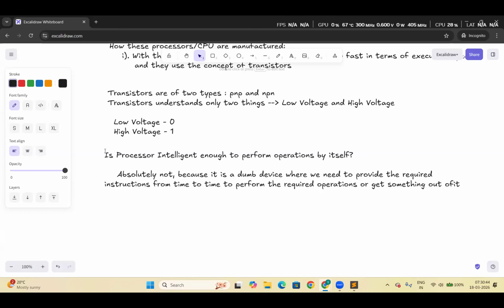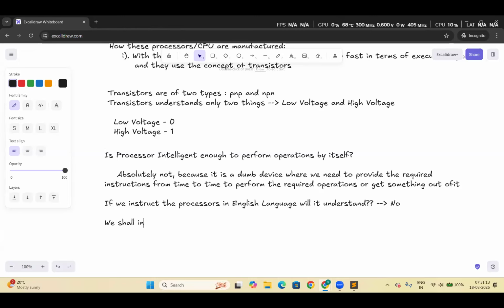Now, as I have told you, the processors can understand. So behind the scene of processor, we are using a transistor. Now the question is, you told me it's a dumb device, we have to give the instructions from time to time. So if we instruct the processors in English language, will it understand? No, absolutely not.